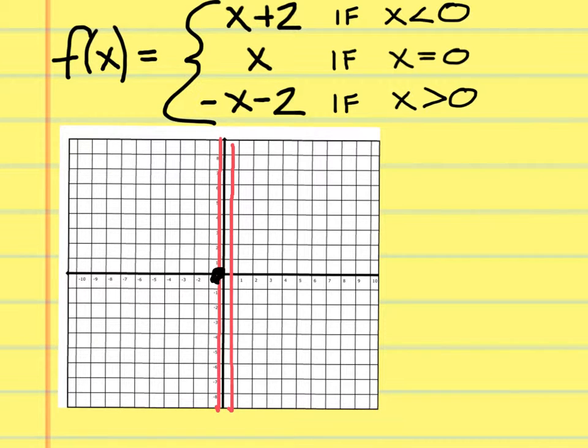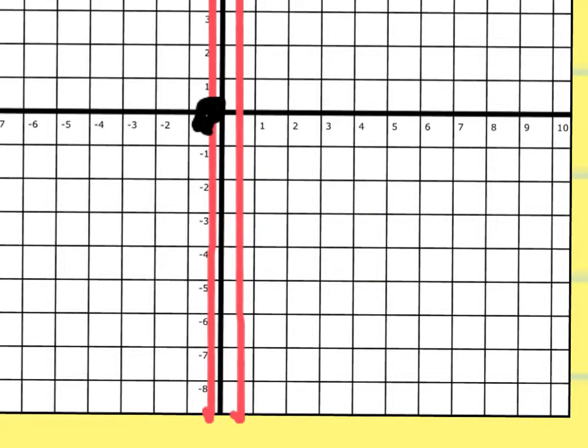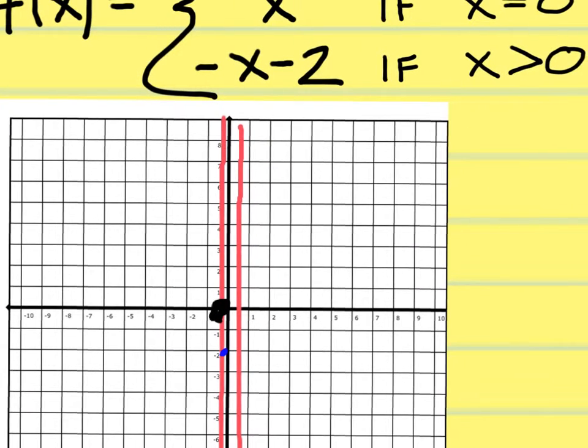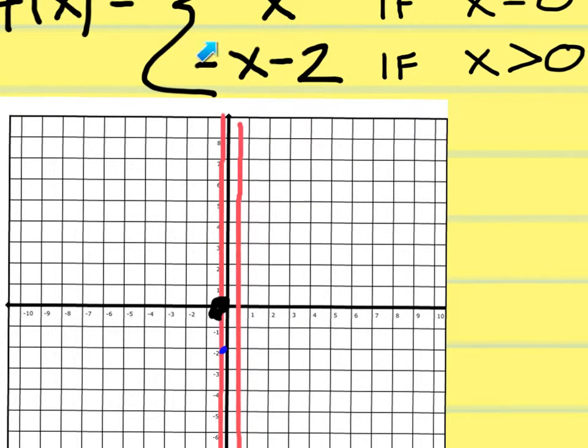Let's look at the right side first, and the right side is x greater than 0. If that's the case, then it's -x minus 2. You have to remember how to graph this. -x minus 2. Just go down to -2 on the y-axis and make a dot. And the slope is -1 from right here.